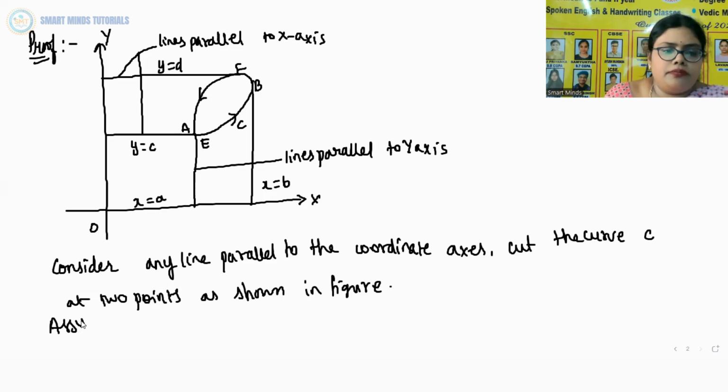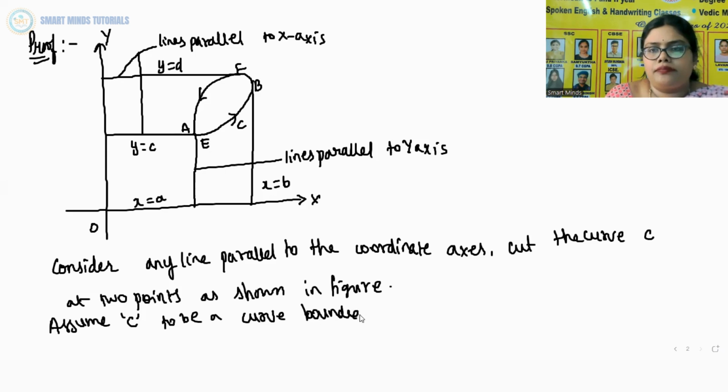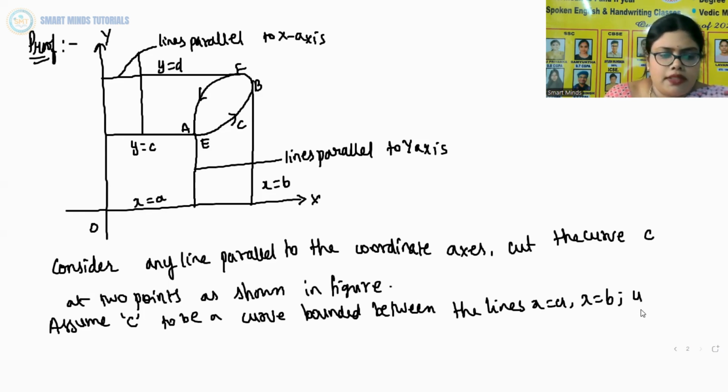Now we assume C to be a curve bounded between the lines x equals a, x equals b, and y equals c, y equals d.